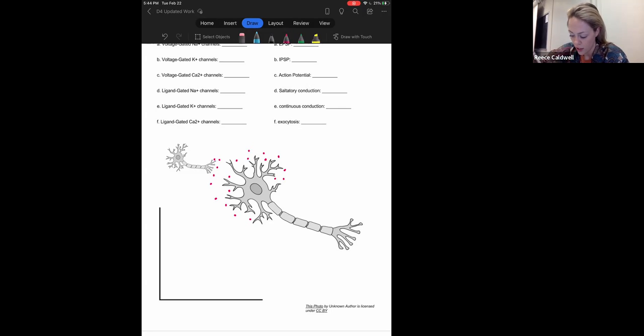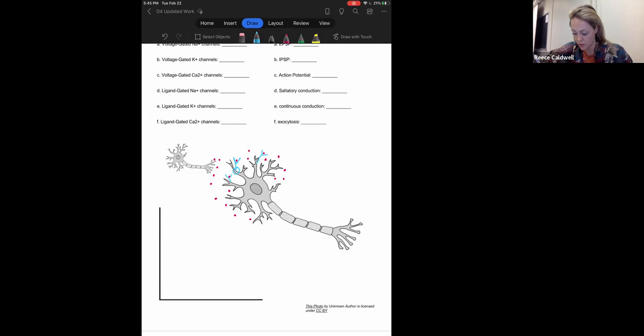And remember, on the dendrites we have receptors called ligands, and ligands receive those neurotransmitters and open up ligand-gated channels. Along the dendrites, we will open up these ligand-gated channels.